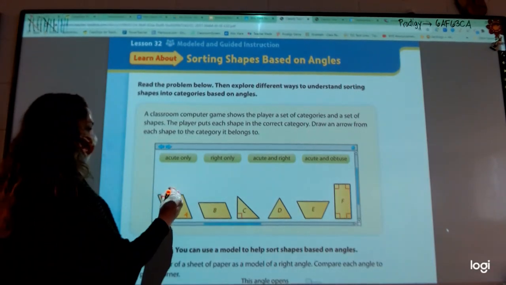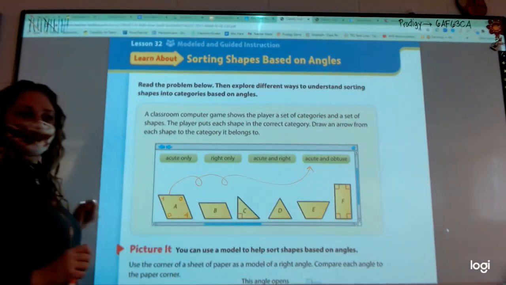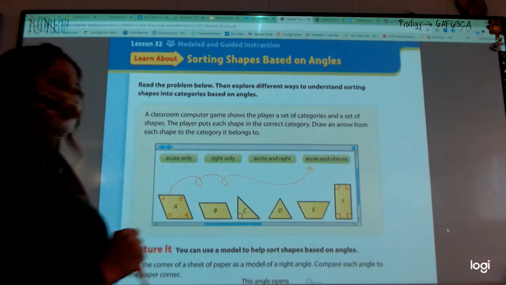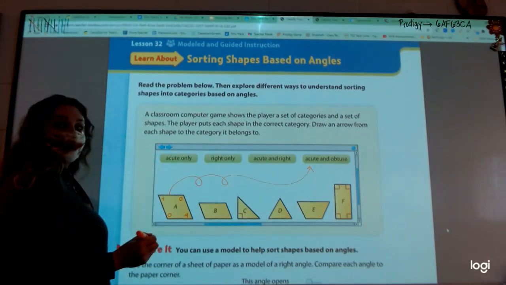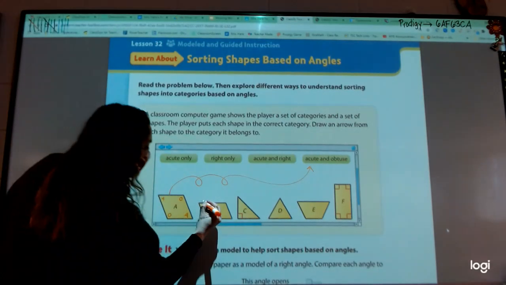So it would go down there, right? All right, now let's look at B. You all try it on your own. Go ahead, label all your angles and decide, does it go to the same place as shape A or not?